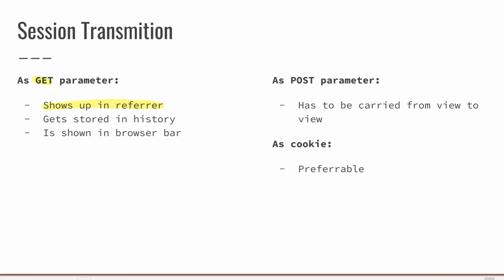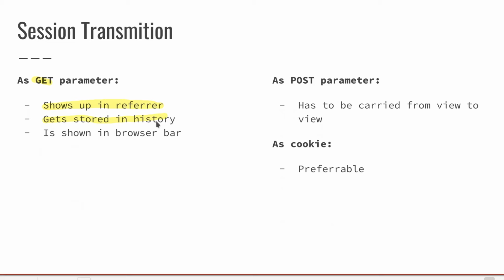If you click a link on a website, usually the target website that you visit after the click gets the referrer information. That means your browser tells the website where it came from. So if in the GET parameter there's a session ID, the owner of this website you're visiting now obviously can see your session ID, which is bad.